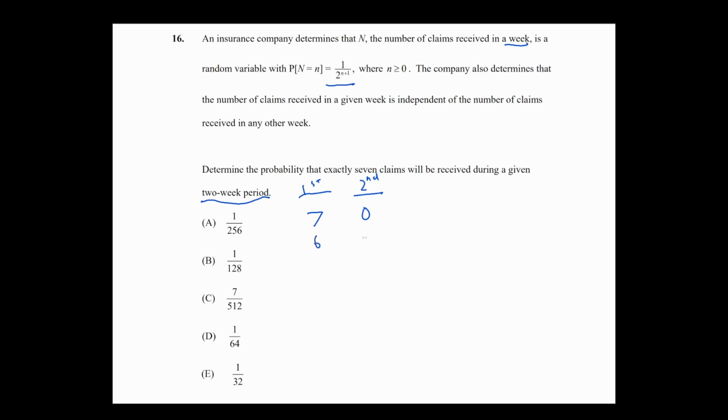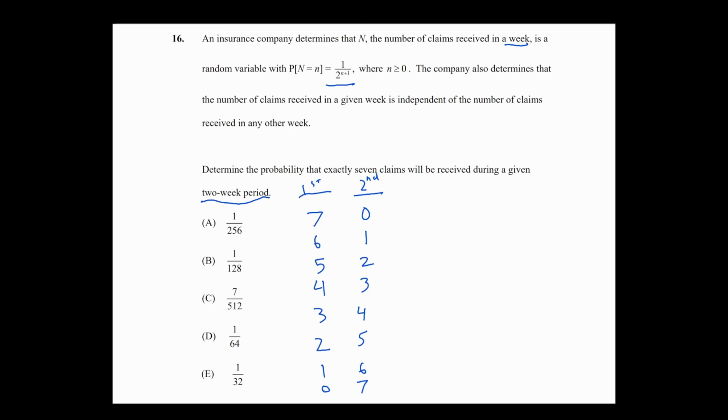Or we can have 6 claims in the first week and 1 claim in the second week, 5 in the first and 2 in the second, and so on and so forth. And 0 and 7. So now we need to actually know the probabilities of each of these scenarios.